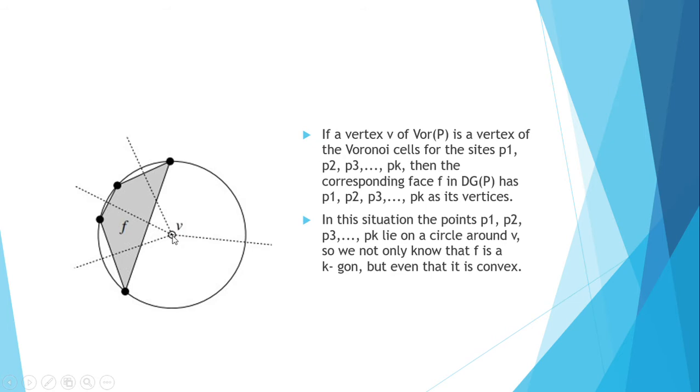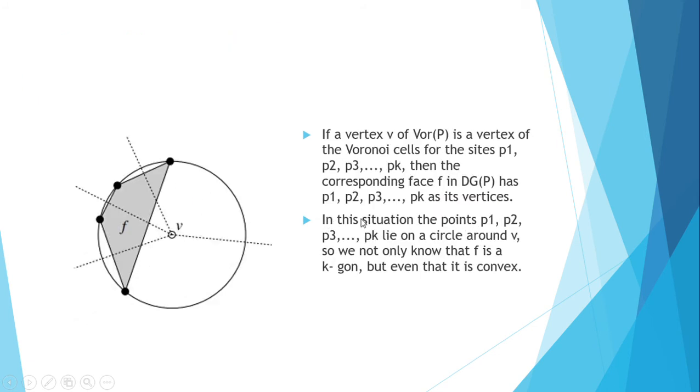If the vertex touches all the edges of this face, it means that all the points lie on a circle with v as its center. This actually does not happen often, that is, four points on a circle. We always have at most three points on a circle. This is for example purposes.